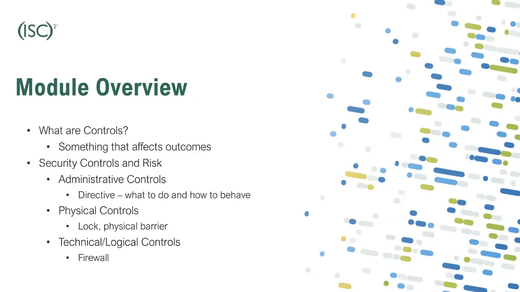But there was no lock on the door. Anybody passing by your building could go in and out. If you have 0 physical controls, even if you've got very good technical controls, there is still a significant risk. So usually we need a balance between the 2, or a balance between the 3, factoring in the administrative controls.